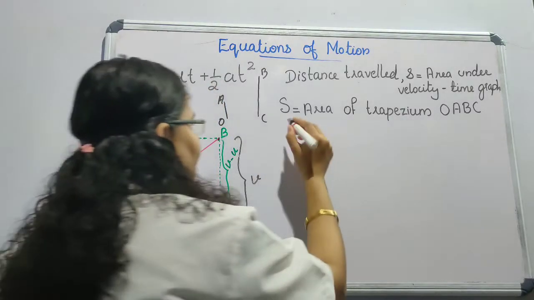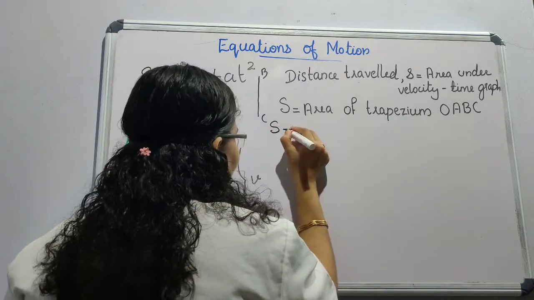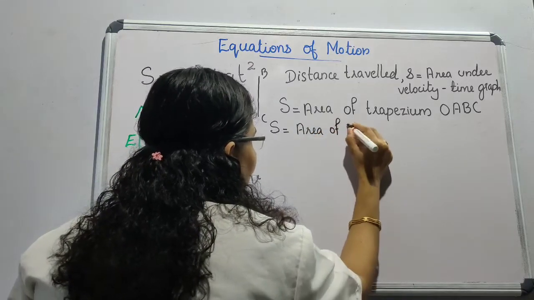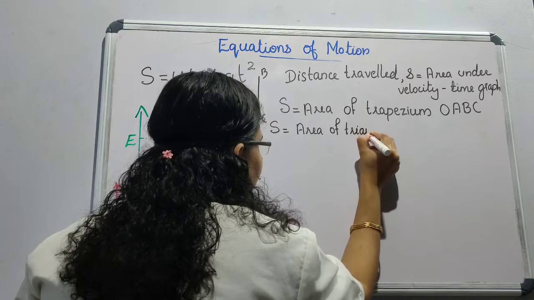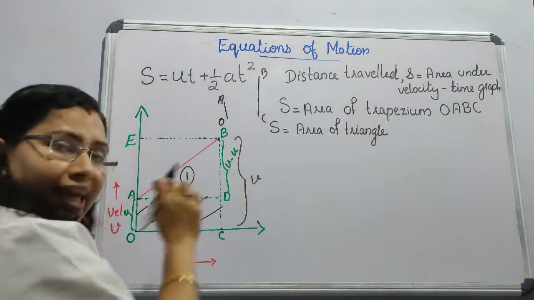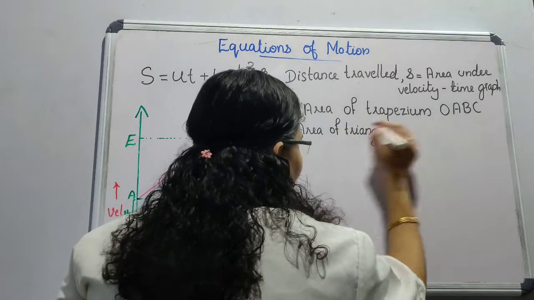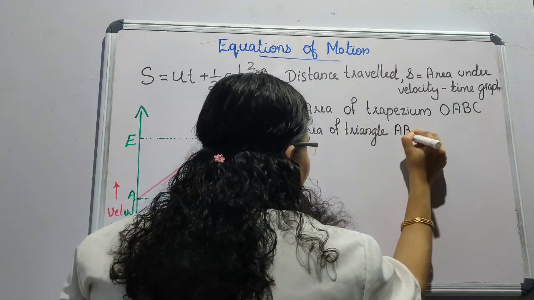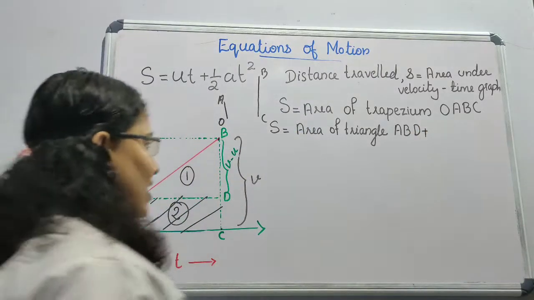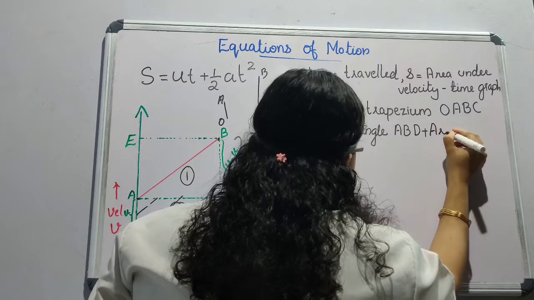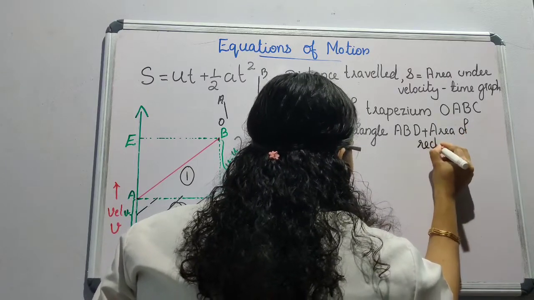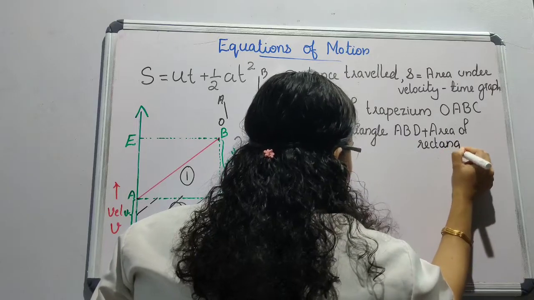So we can write S is equal to the area of the triangle. What is the name of the triangle? A, B, D. Area of triangle ABD plus the area of the rectangle.